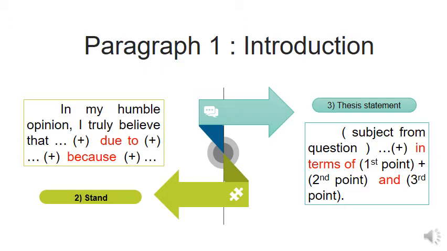In other words, we call it the subject from the question. So you have to identify what is the subject of the statement. Then you take out the main point. After that, you add it to this kind of method.